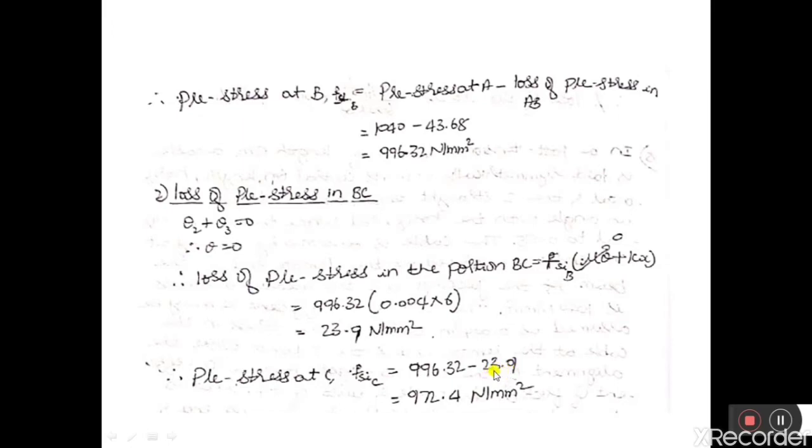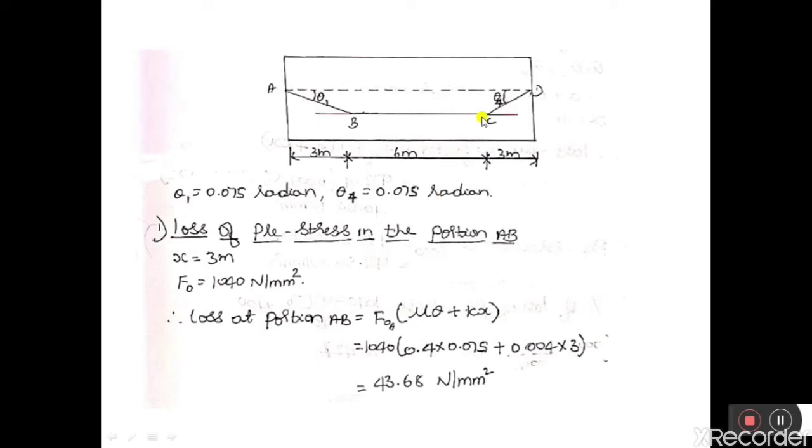After deducting this loss, the initial prestress available at C will be 972.4 Newton per mm square. So this is the initial stress available at C.